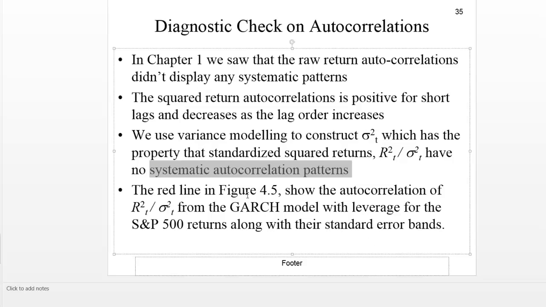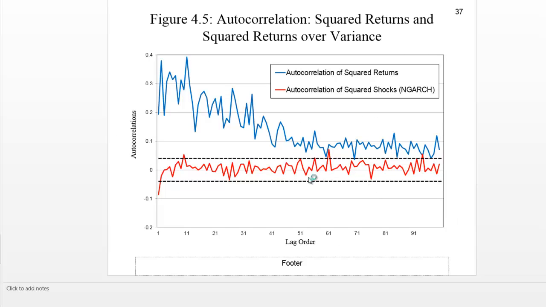In figure 5 we have the GARCH with leverage effect, and we see that the autocorrelation of squared returns is positive and decreasing, whereas the autocorrelation of the squared return over the variance under the GARCH model shows basically no pattern. I mean, we cannot see that it's different from 0.